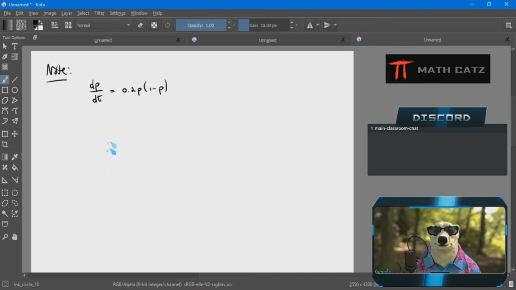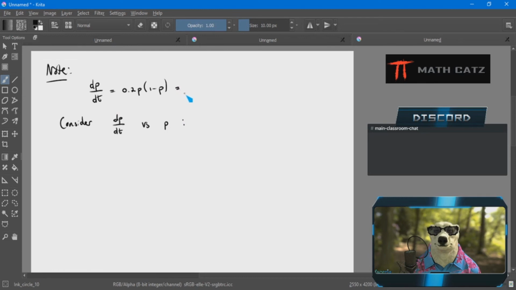Instead of solving for p, finding my function that's a solution to this differential equation, I can consider what happens to the left-hand side versus the right-hand side.